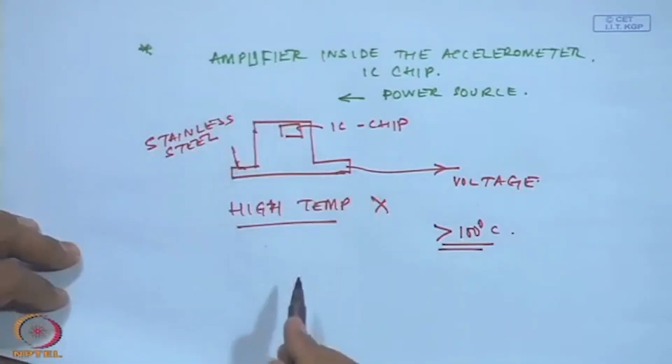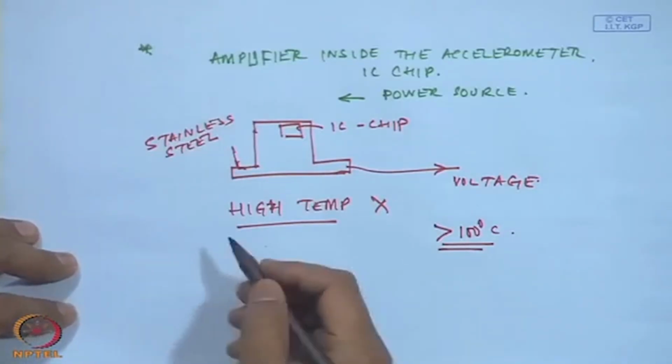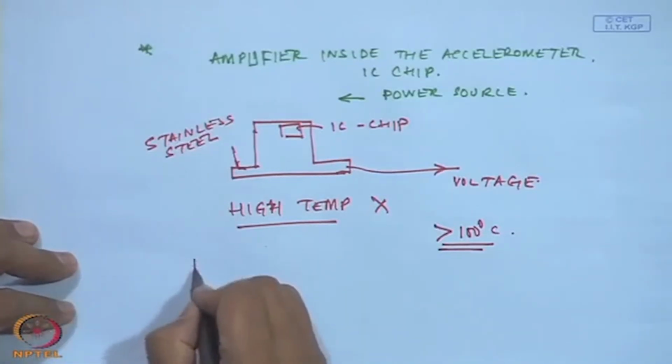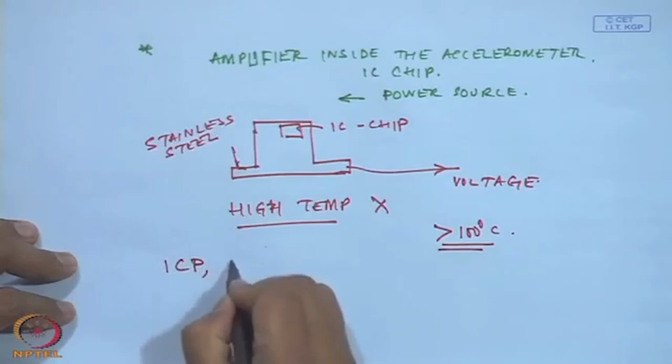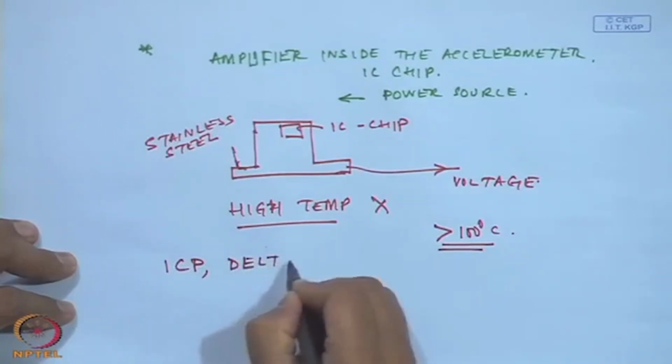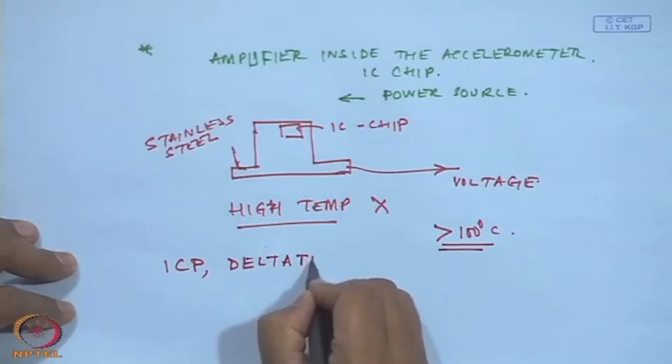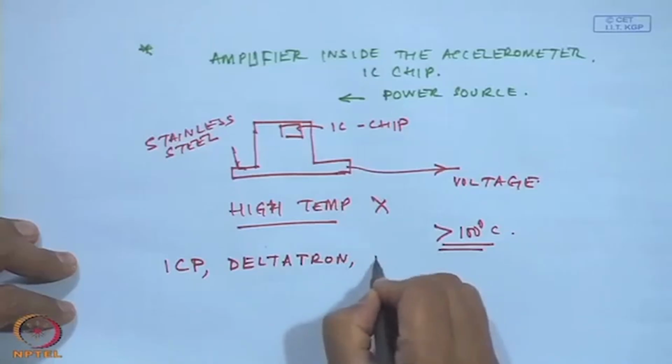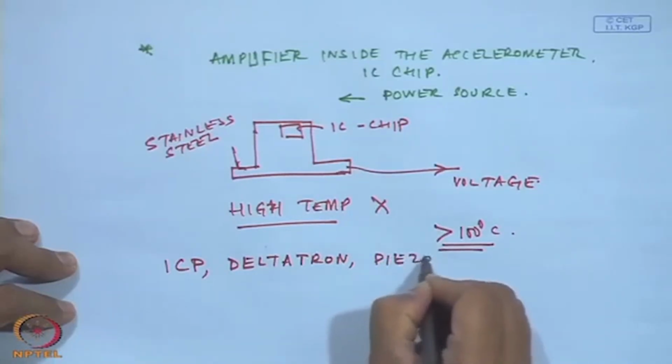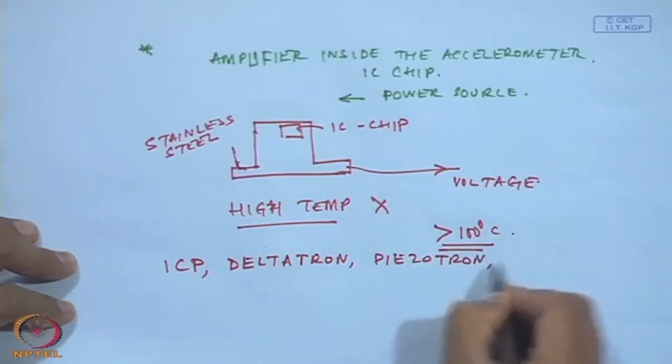The ICP type, there are many trade names for this, like the ICP types, the deltatron, piezotron, isotron.